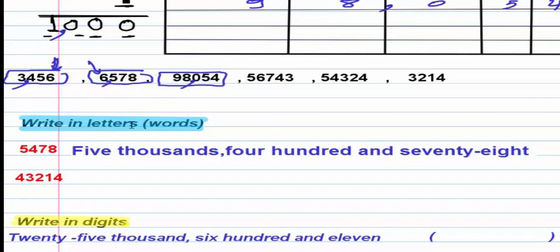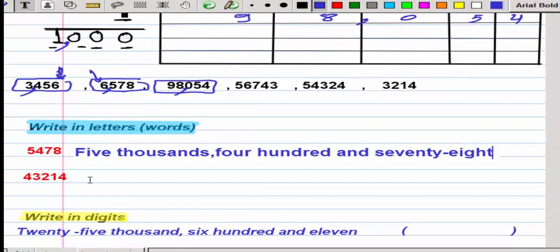The next one, he gave me 5 digits. We can read this number in this form. We count 1 2 3. Here we have 43. We can say 43,215. Again, 43,215. Forty-three thousand.